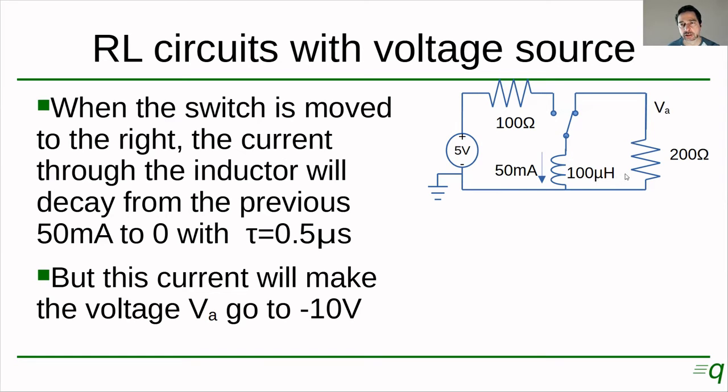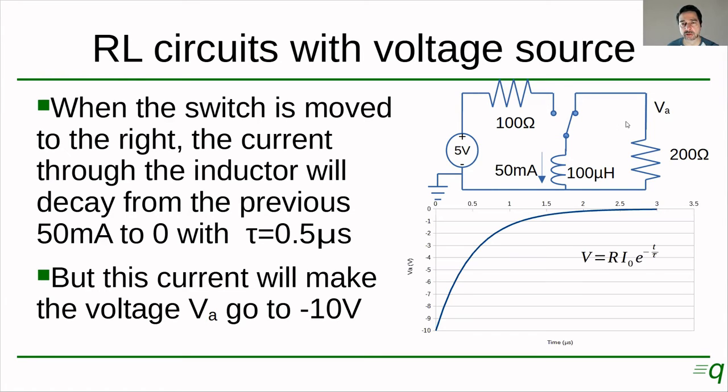But the current on the resistance is flowing from bottom to top, and that means that the voltage here is going to be negative, right? And the voltage here is going to be positive. So, if we do the math, 50 milliamps times 200 ohms, that is negative 10 volts, okay? So the voltage in point A is going to go negative to minus 10 volts.